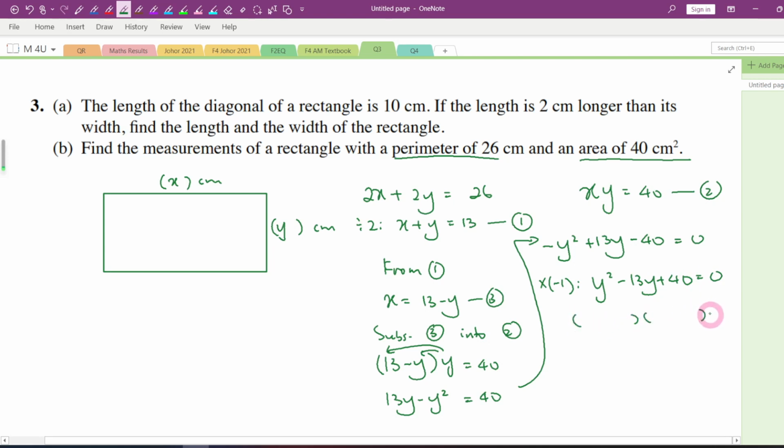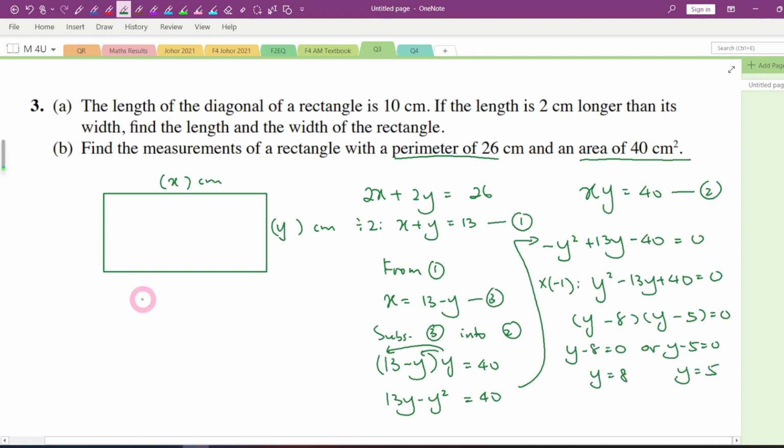Okay, so do the factorization. You can use your calculator to help you if you want. So this will be 8, 5, negative, negative. Okay, let me check my answer. Okay, correct. So y minus 8 is equal to 0 or y minus 5 is equal to 0. So from here, y is equal to 8, y is equal to 5.